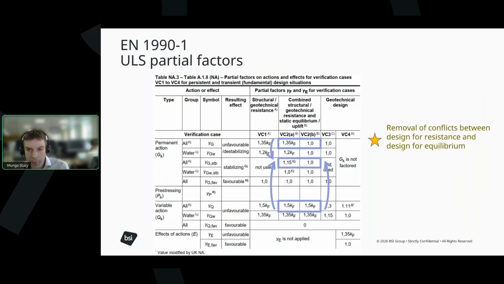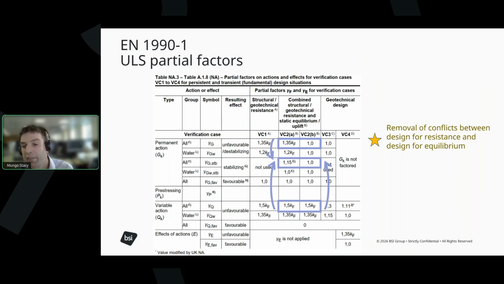It does mean, though, that the old 1.1 versus 0.9, where you had a sort of balanced destabilizing versus stabilizing under the set A values, doesn't appear in quite that format. What we now get is under the case VC2, a 1.35 on the destabilizing versus a 1.15 partial factor on the stabilizing.